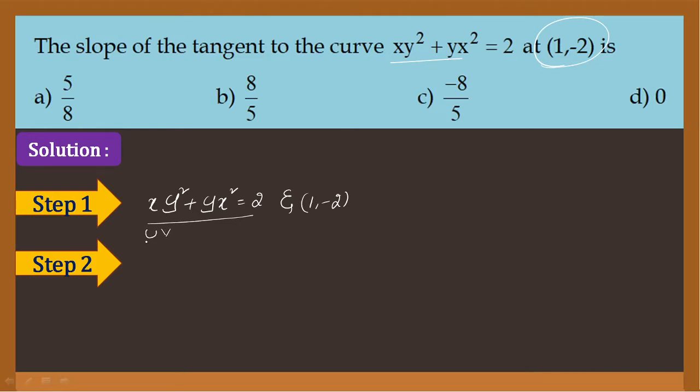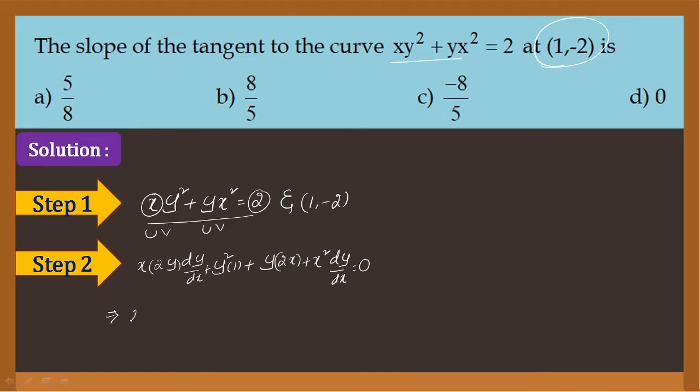So, applying the formula of uv, x into d by dx of y square is 2y into dy by dx, plus y square into d by dx of x is 1, plus here y into x square. Here also applying the uv method, y into d by dx of x square is 2x, plus x square into d by dx of y is dy by dx, equals d by dx of 2. Here 2 is constant, so differentiation is 0.